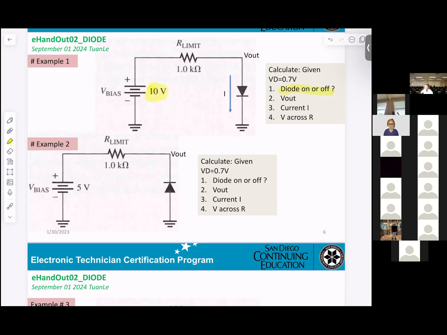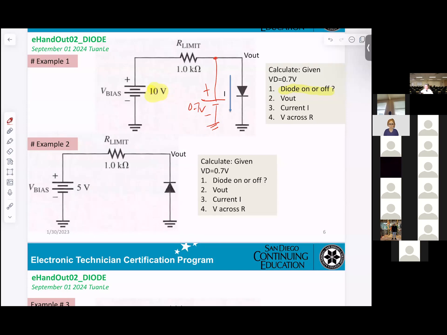If the diode is on, basically you have to redraw it. The diode will now look like a battery with plus and minus, 0.7 volt.